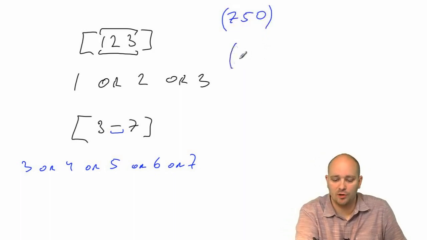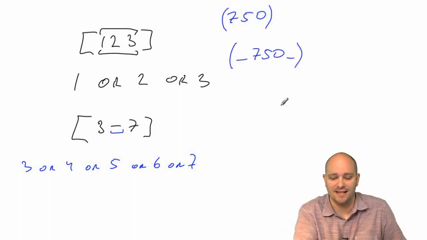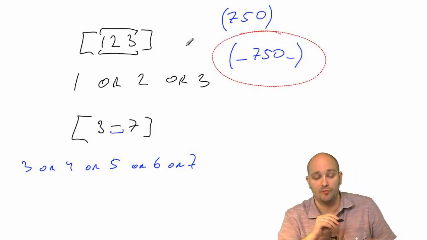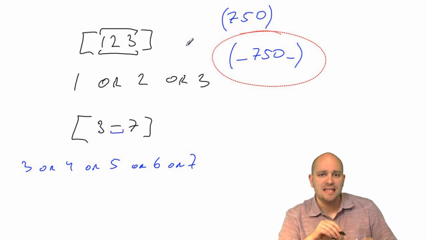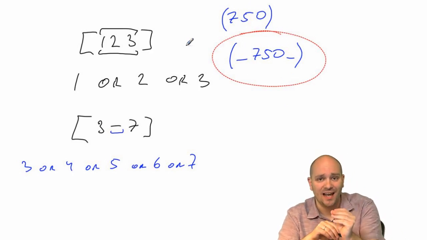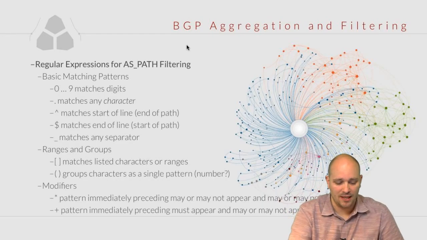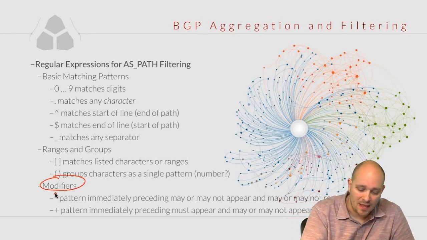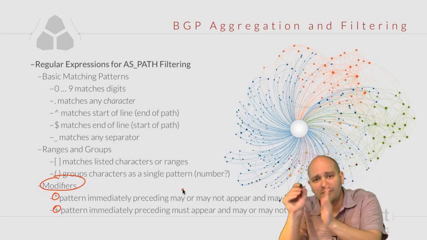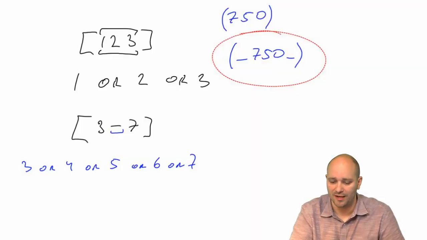Now, even better if you wanted to match 750 would be to actually put it like this. Now, this in parentheses from a regular expression perspective is considered to be a single matching pattern. It's a single entity. Now, this brings me to modifiers. Now, these are star or a plus, and they are used after the pattern that you are trying to match.